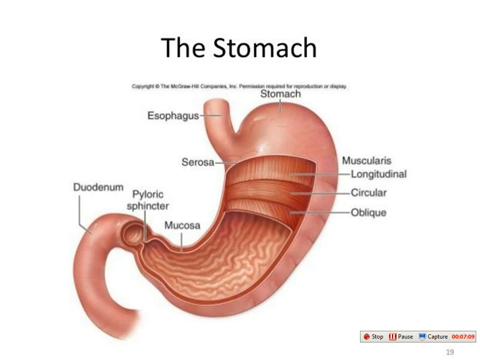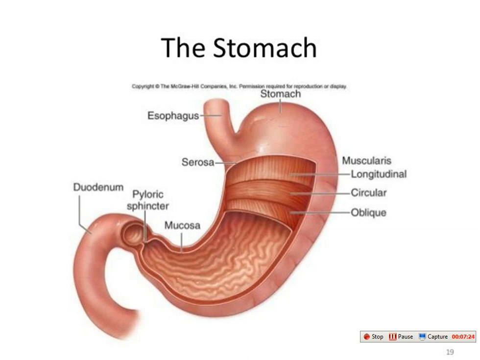Here the digestion is chemical and mechanical. The mechanical digestion is by contraction of the stomach in different directions to mix the food.